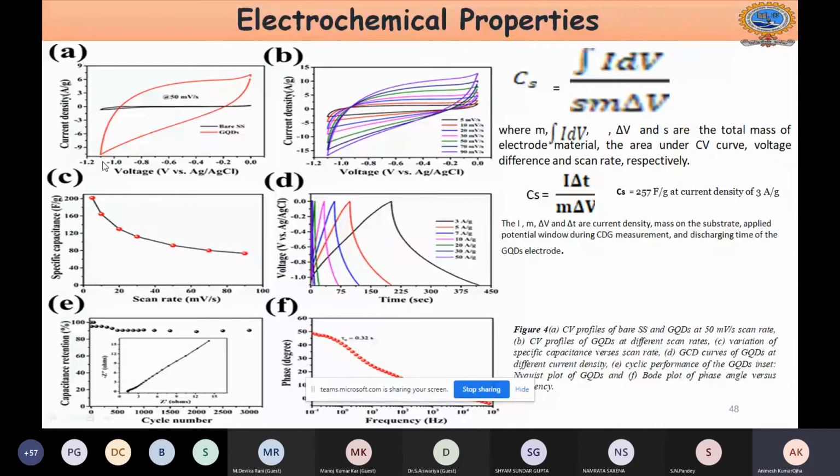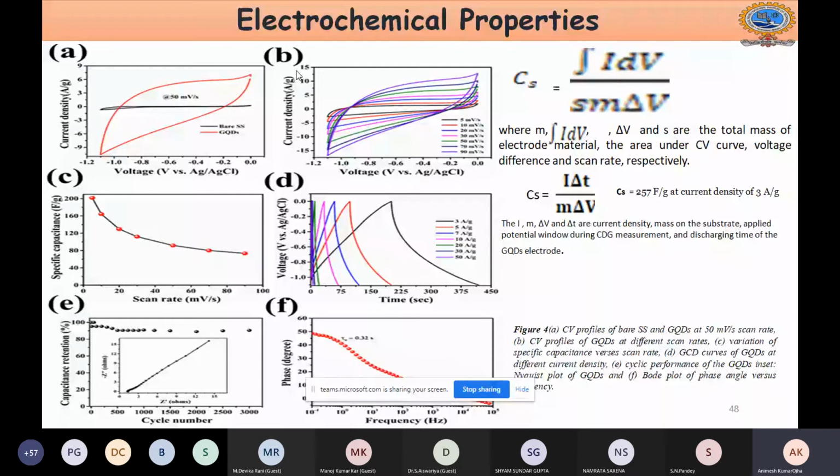So this potential window is set, and in that, curve B shows the CV curve of the graphene quantum dots as electrode material. It shows a quasi-rectangular shape that corresponds to an EDLC type electrode with some pseudocapacitive behavior in it.